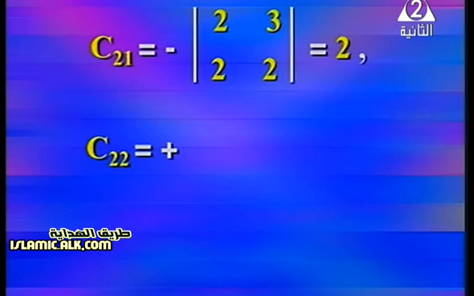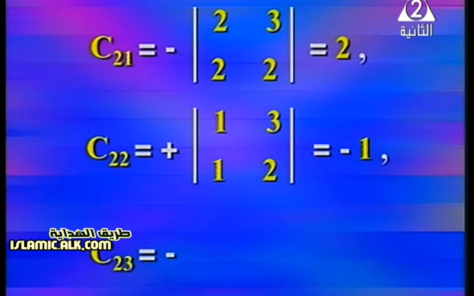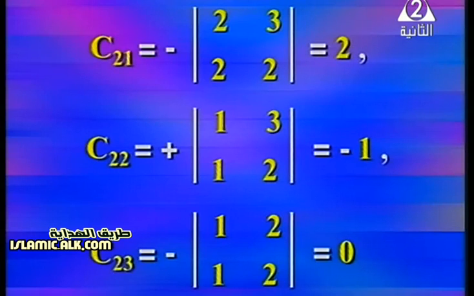Second row, C21 negative, determinant 2, 3, 2, 2: 4 minus 6 equals negative 2, negative times negative equals positive 2. C22 is the second row, second column, determinant 1, 3, 1, 2, equals 1 times 2 minus 1 times 3, equal to negative 1. Also C23, negative 1 multiplied by determinant 1, 2, 1, 2, equals 0.